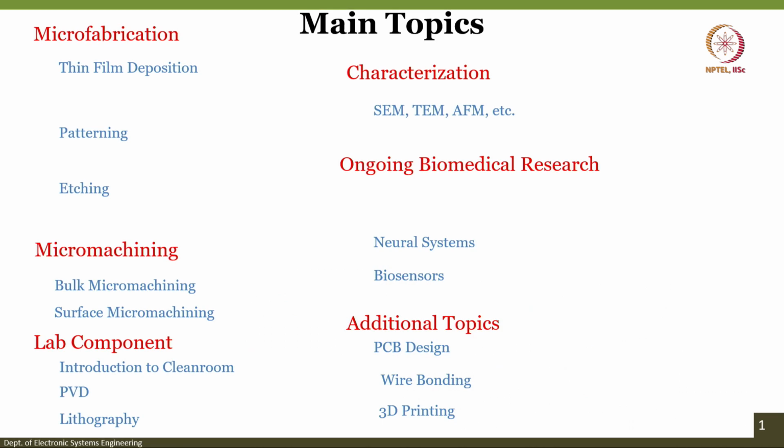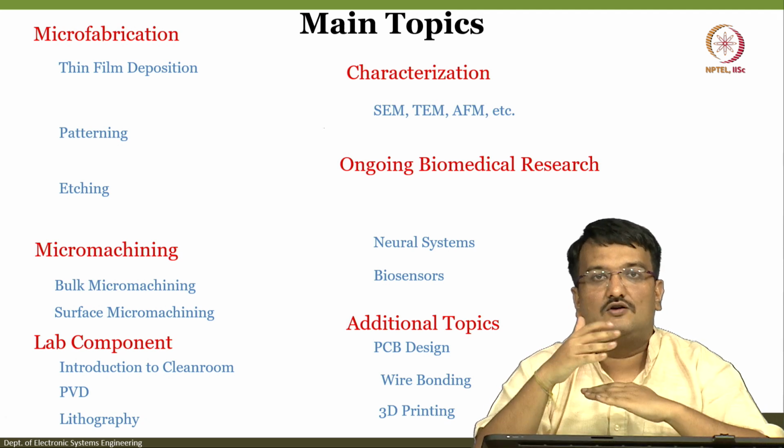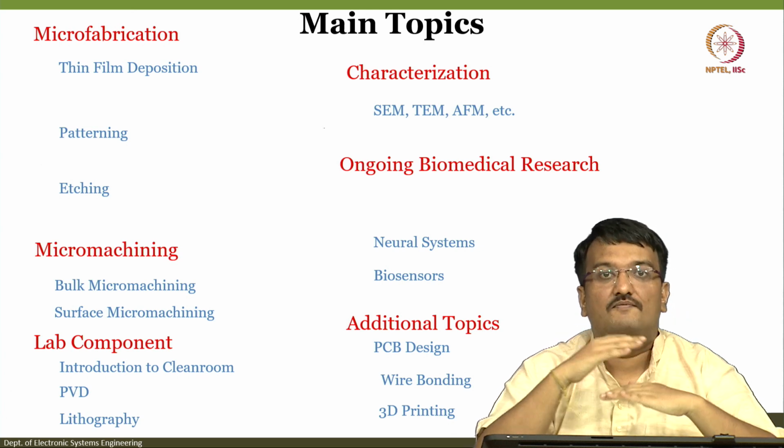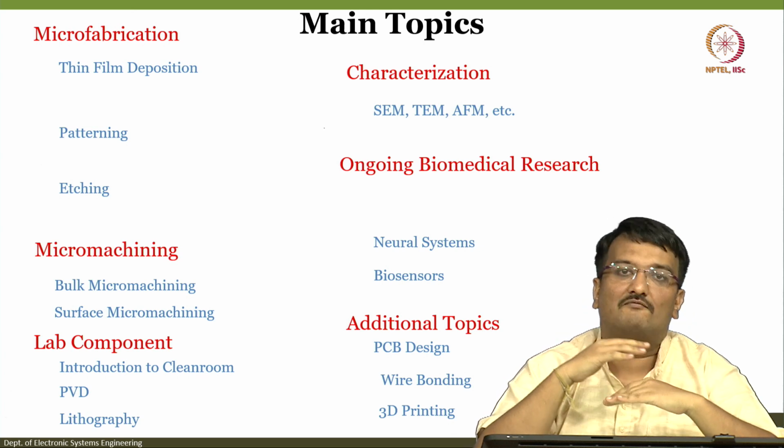So these are some of the subtopics which will be covered. As mentioned, thin film deposition, patterning, and etching will be part of microfabrication. Microfabrication is an overall process consisting of several sub-processes. The first one is, whenever you have your system, you first deposit some particular layer, known as thin film deposition.